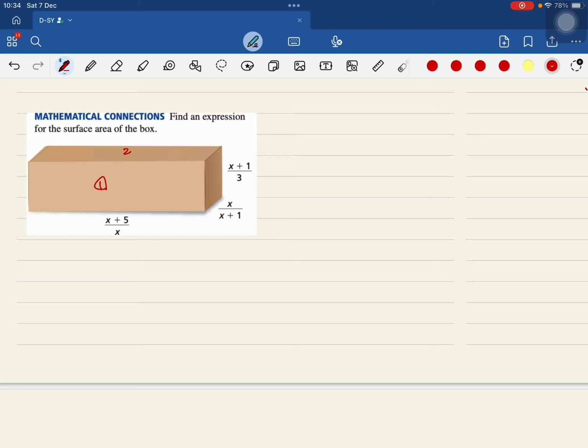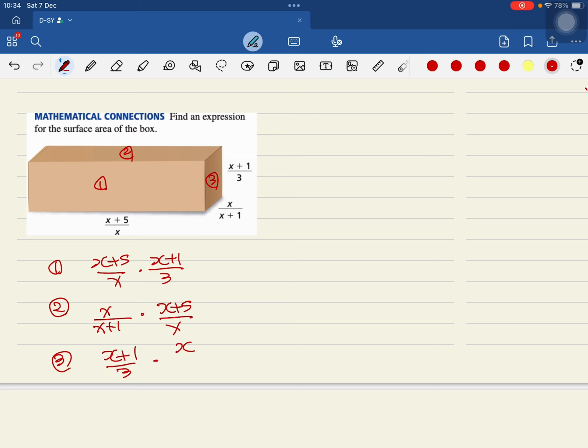Let me call them 1, 2, 3. The area of 1 is (x plus 5) over x times (x plus 1) over 3. 2: x over (x plus 1) times (x plus 5) over x. 3: (x plus 1) over 3 times x over (x plus 1).